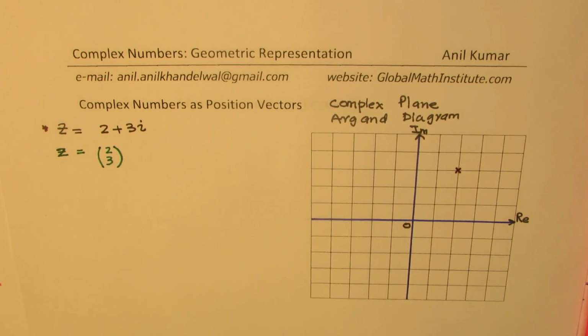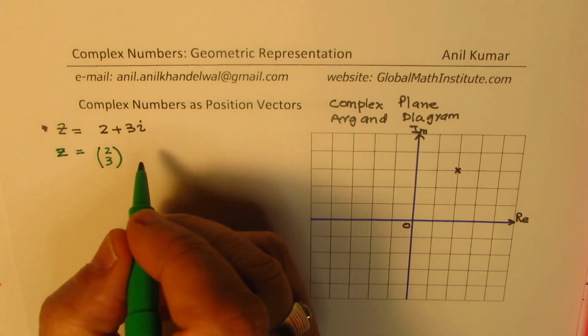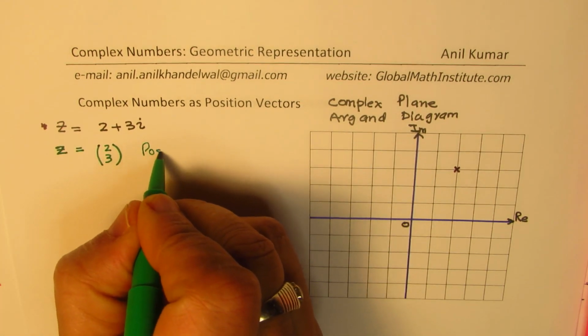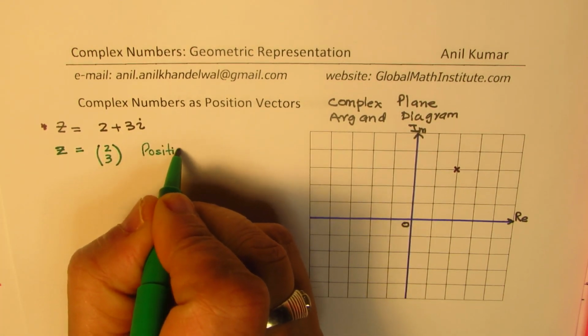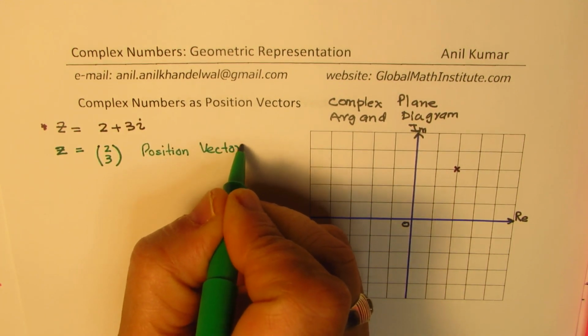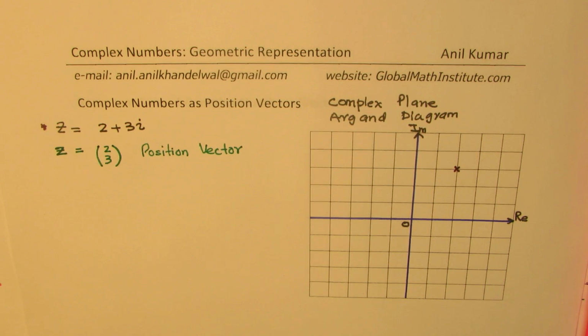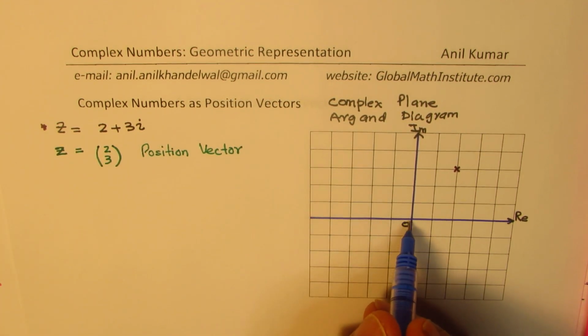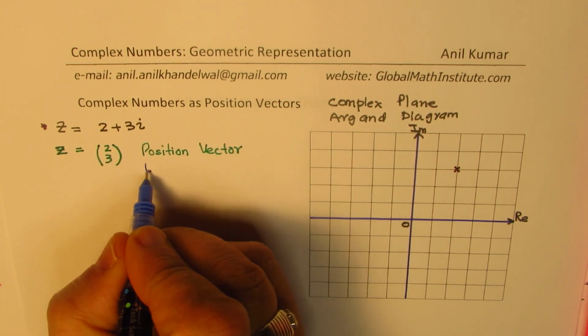Now, we are writing this as a vector in column form, and we are going to represent this as a position vector on the complex plane. So we'll write this as a position vector. When I say position vector, it really means that the tail is at the origin, right?